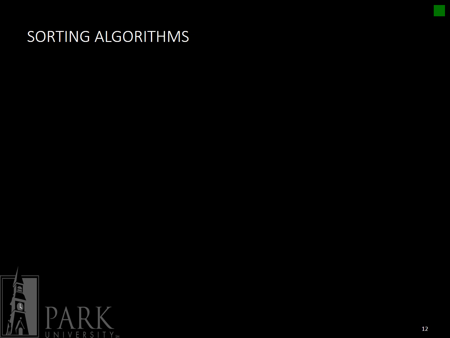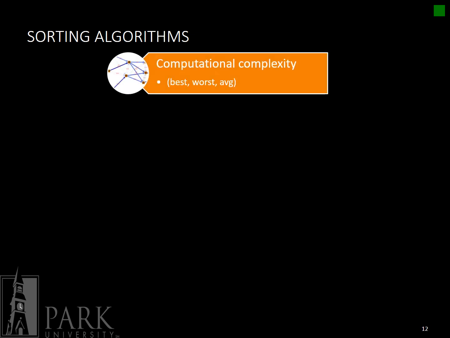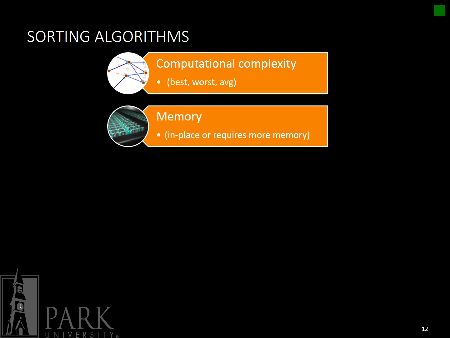Now, with that being said, there are many different sorting algorithms with different characteristics. We have things that are better computationally, right? As far as complexity, which take the least amount of time to run on your computer? What types of sorting algorithms use the least amount of memory?